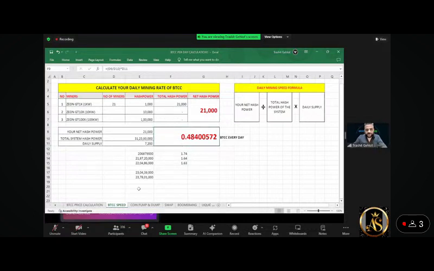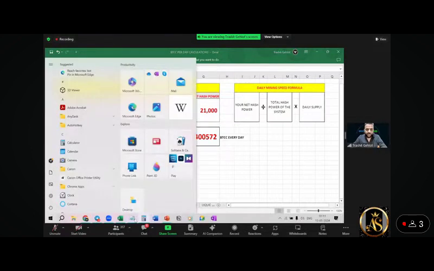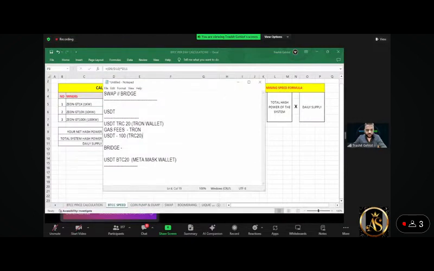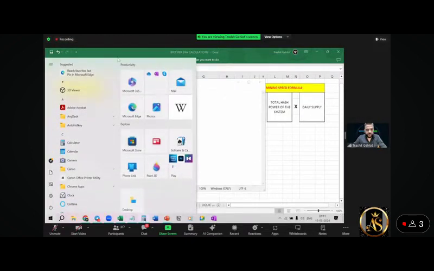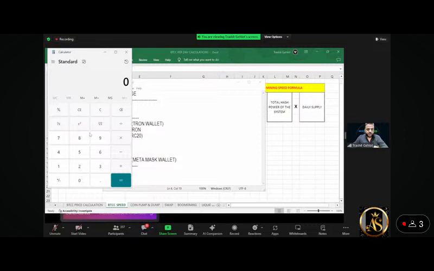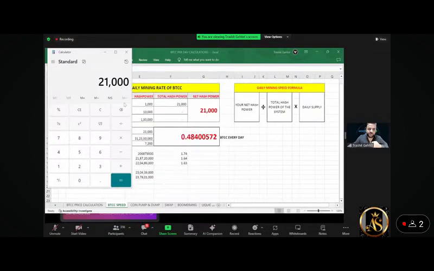So 21,000 is my total hash power, divided by the system's hash power, which is almost 302 million, multiplied by the daily supply.